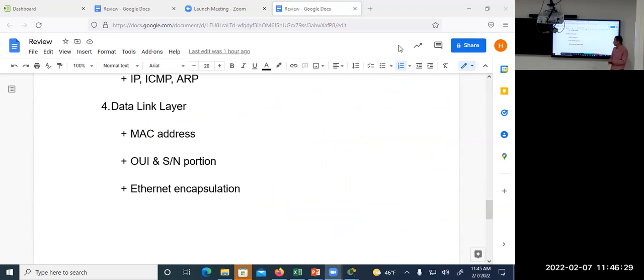In the internet layer, you have IP addresses, ICMP and ARP. In the data link layer, you know about the MAC address and the OUI. And now I think we should move to the new module.